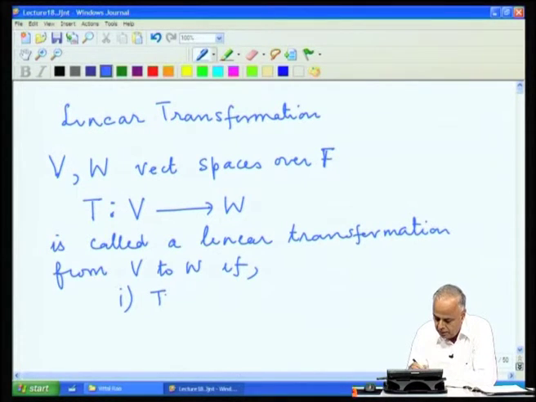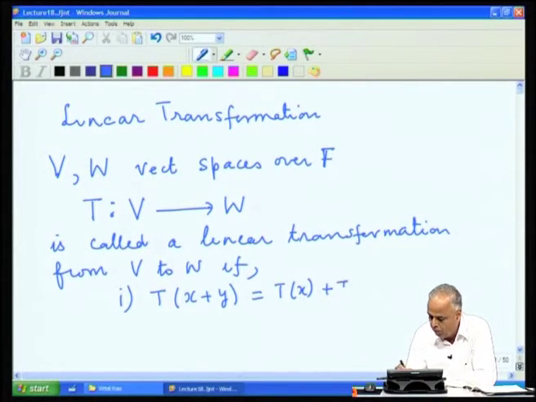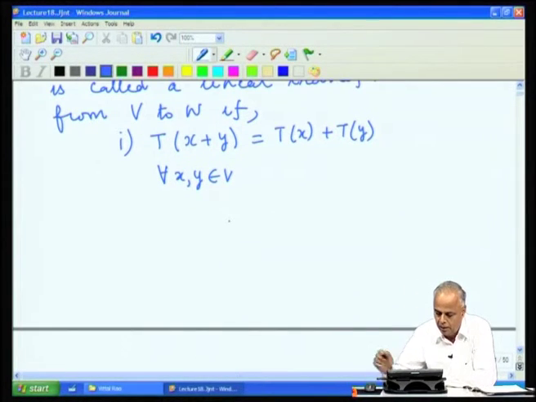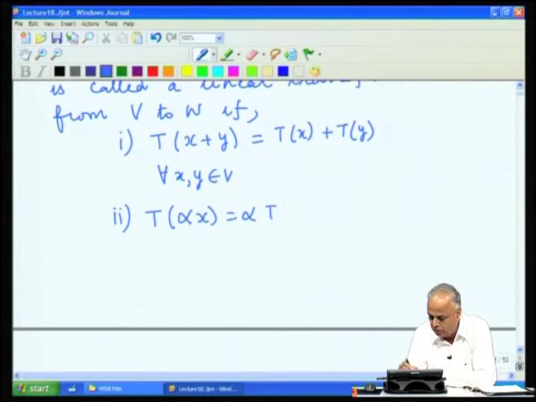That means T of x plus y must be equal to T of x plus T of y for every x, y in V. Similarly, it should preserve scalar multiplication, that is T of alpha x must be equal to alpha T of x for every alpha in F and for every x in V.